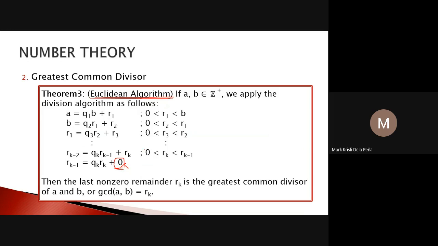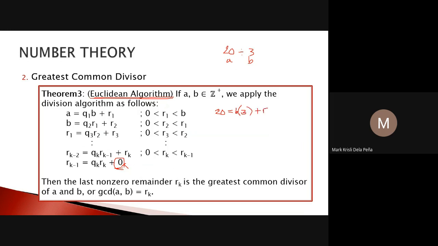Say, for example, if we go back to our example, 20 divided by 3, so this is our A, this is our B. So we have 20. Our quotient is 6 multiplied by 3, plus 2.